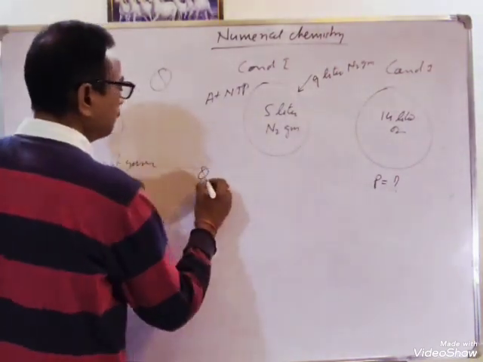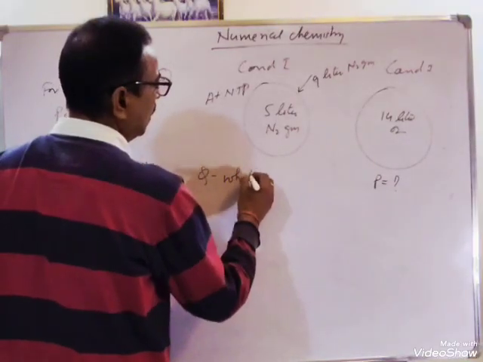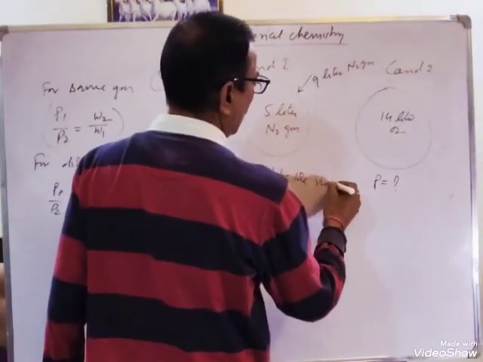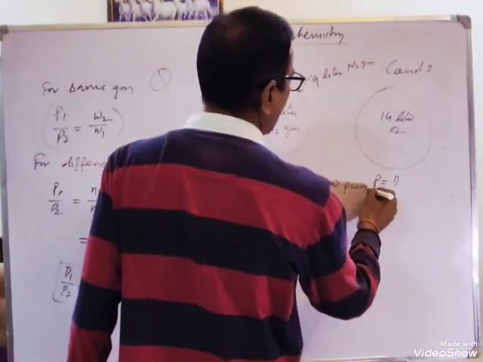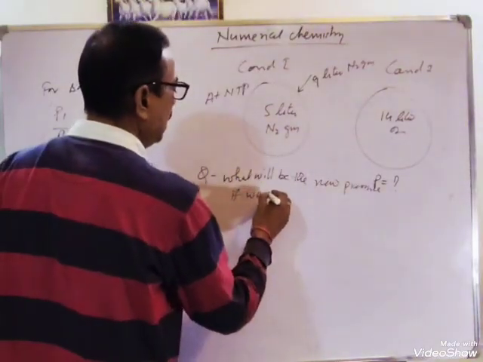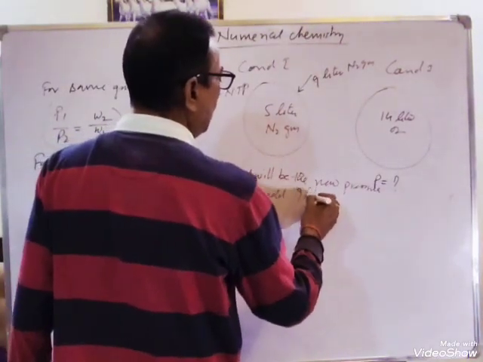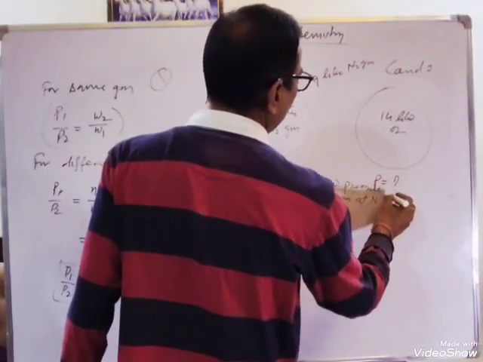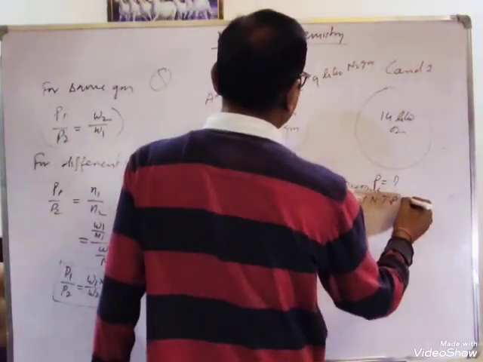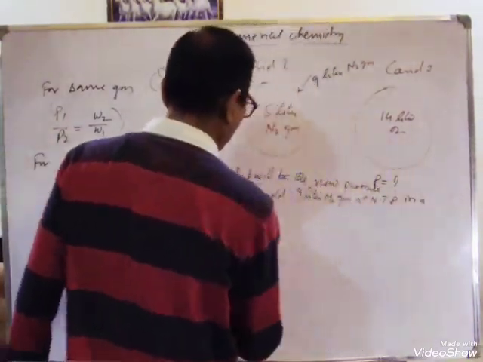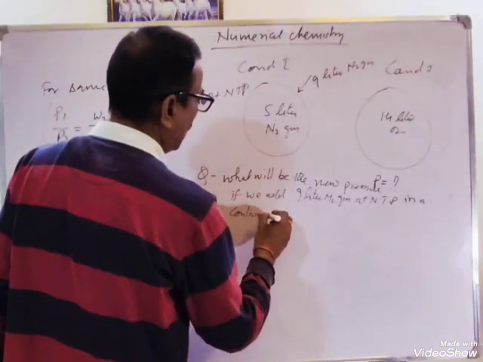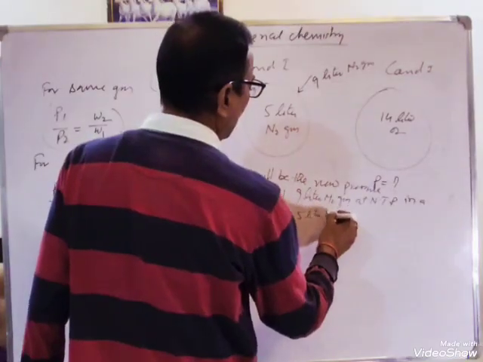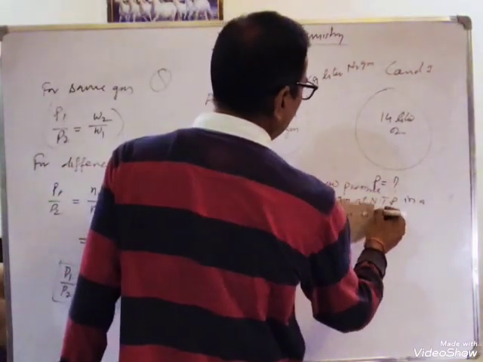So the question is, what will be the new pressure if we add 9 liter nitrogen gas at NTP in a container of 5 liter N2 gas at NTP.